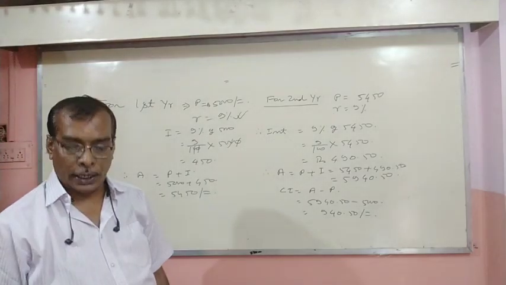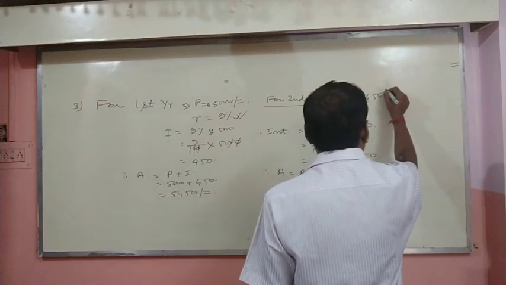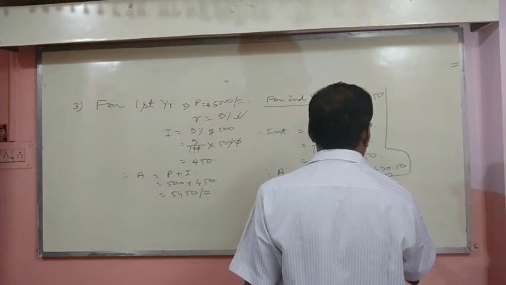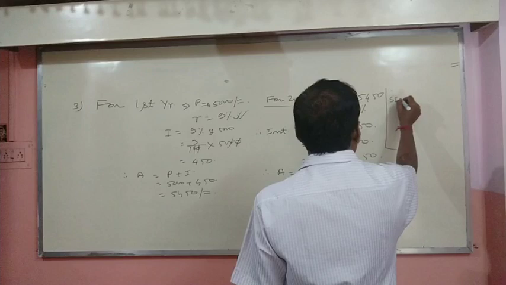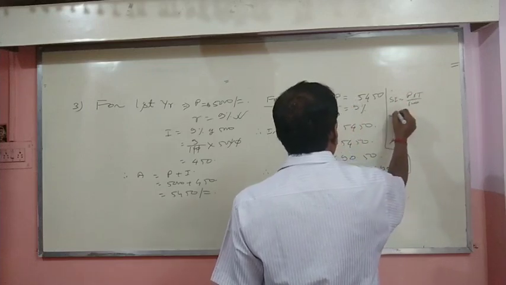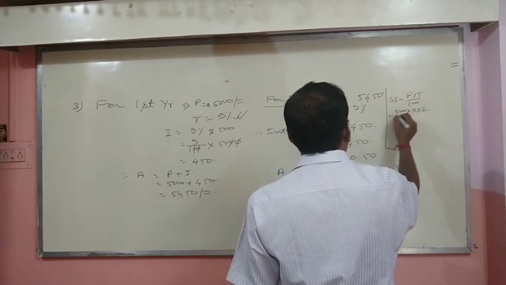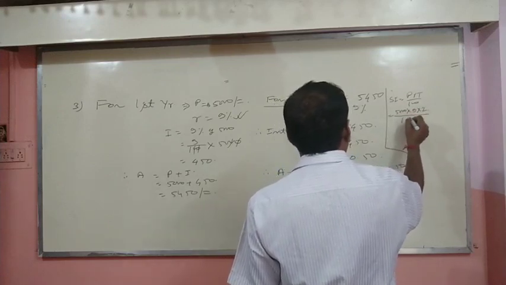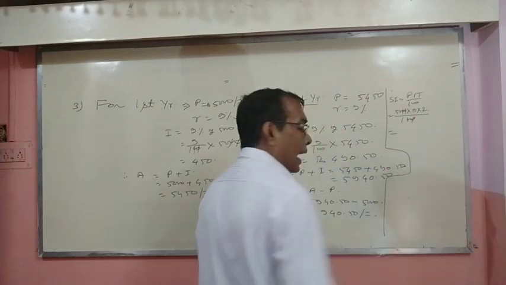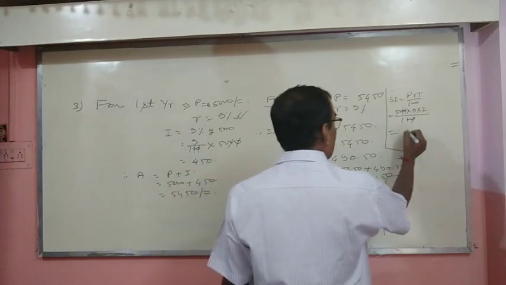Now let us find the simple interest. You know very well that simple interest is equal to PRT by 100. P is 5,000 rupees, R is 9%, time is 2 years, by 100. The zeros get cancelled, and it comes as 900 rupees only.